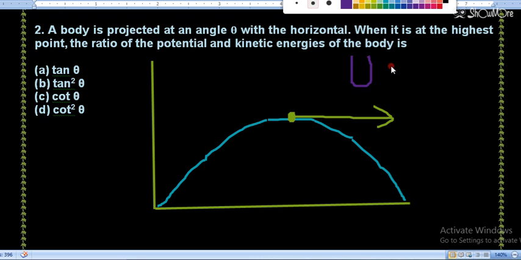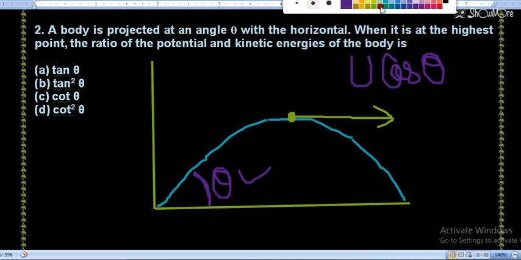So the horizontal component will be u cos theta if the body is fired with the angle theta. So if the projectile is fired with angle theta, in that case the horizontal component will be u cos theta.